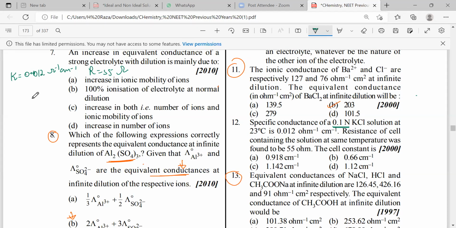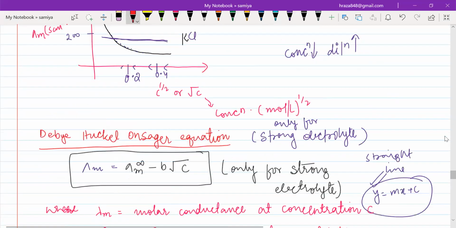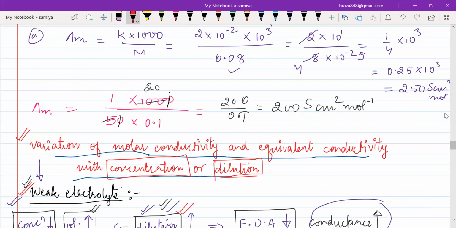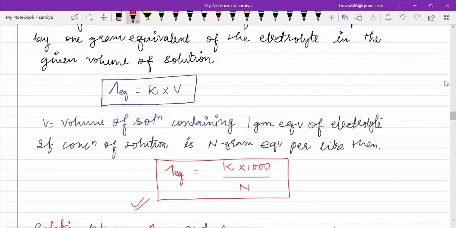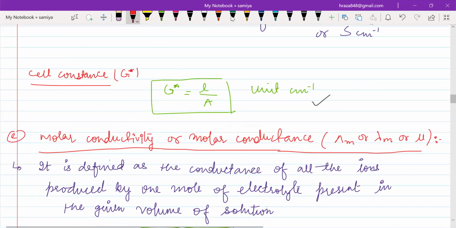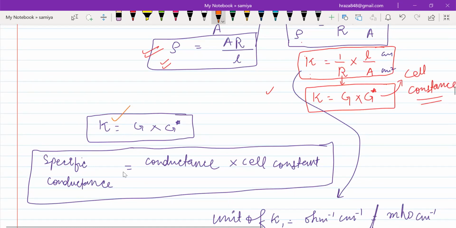So what is the formula? Kappa, which formula I had given you? Wait a minute, I'm going to show you. If you remember, in the last class, kappa is equal to conductance into cell constant.